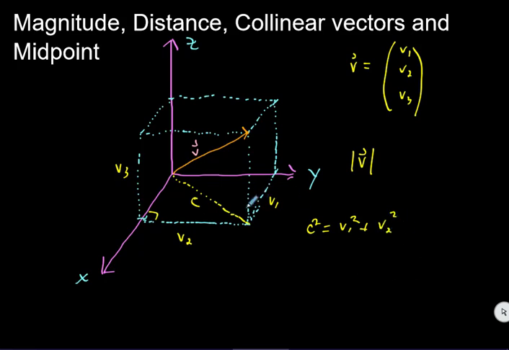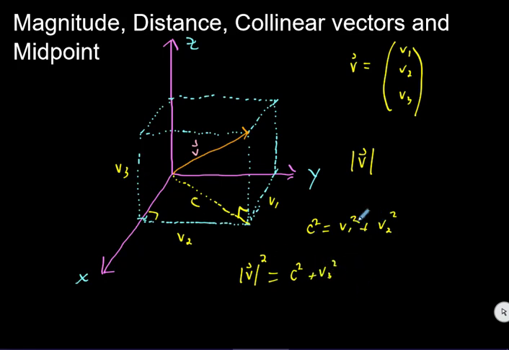But then we also have another right triangle, right here. We can see that the magnitude of v, the length of our actual vector, and that's its length squared, is going to be c squared, which we already know and will plug in later, plus this length here, v sub 3 squared.